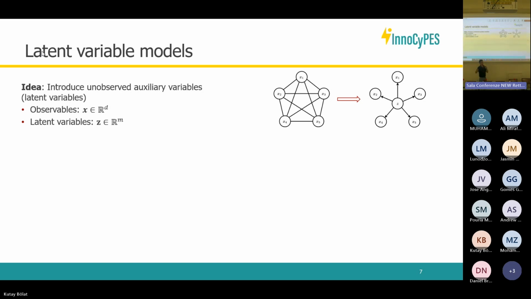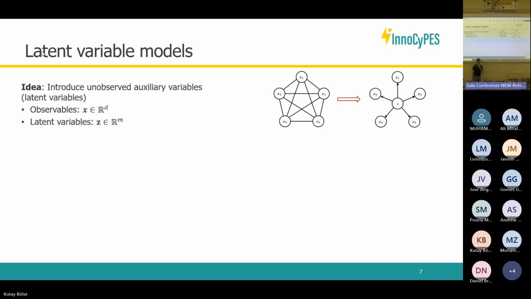But if we knew what z is, these x's, the observed features, variables, become independent, which is a very well-established method in the probability domain. Maybe you already used it in your studies, because the Kalman filter is a latent variable model.